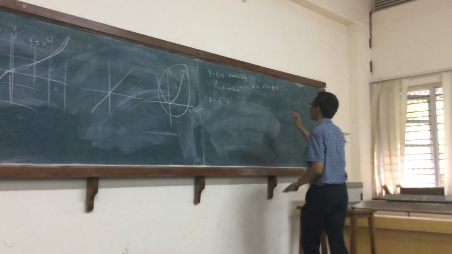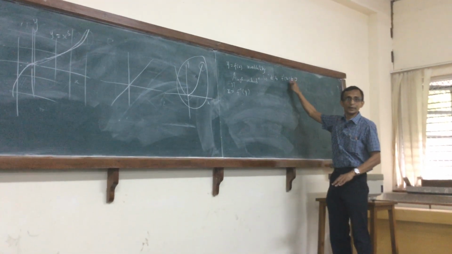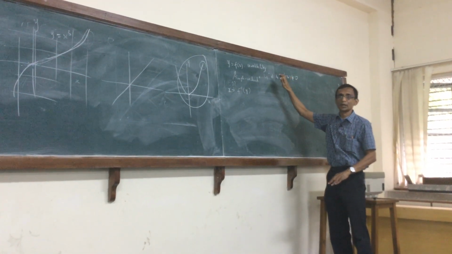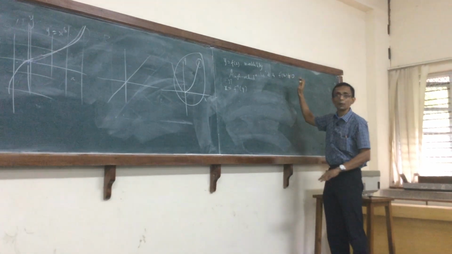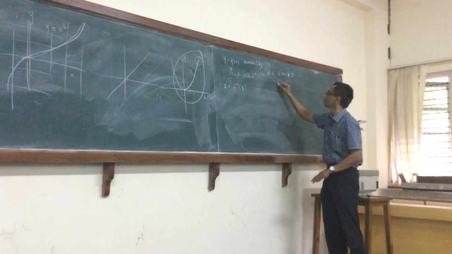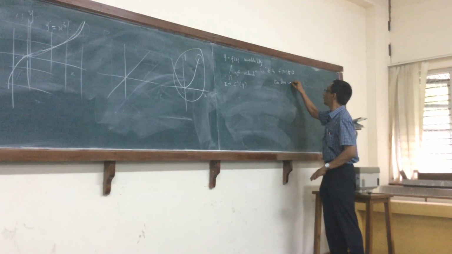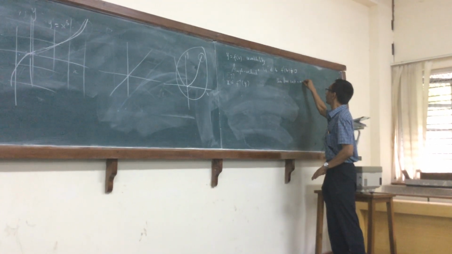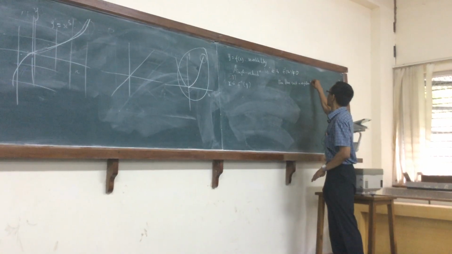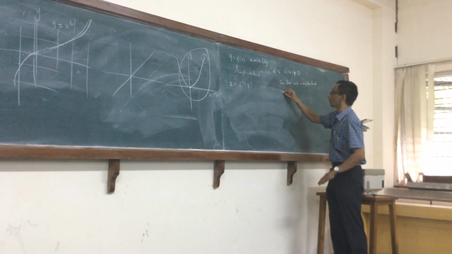If the derivative of the function is non-zero at a point x naught, then there exists a neighborhood around x naught.